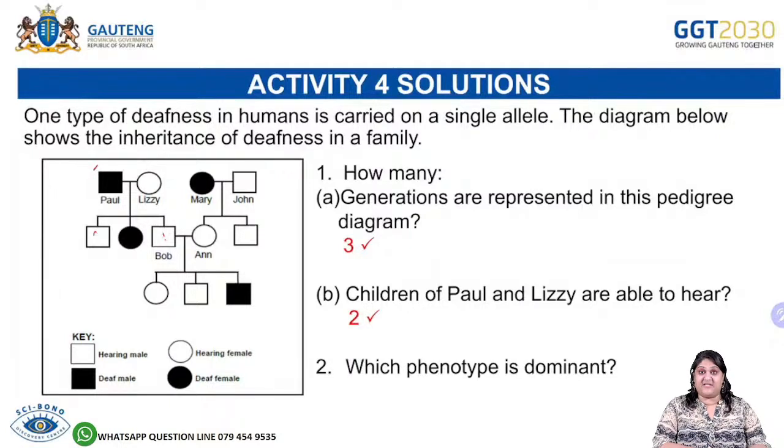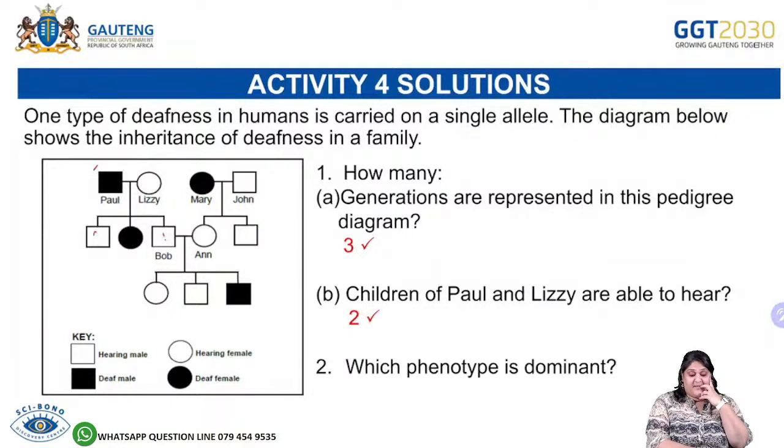Which phenotype is dominant? So here they're asking us now, which phenotype is dominant? Now you're going to ask me, ma'am, how am I supposed to know this? Remember, I always said the children are the key. The children are the information that is given, that will be able to explain to you which one it is.